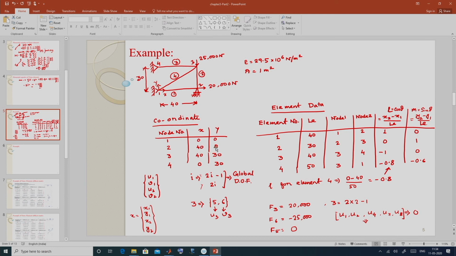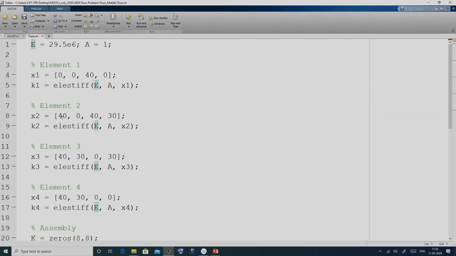So, 40 0 40 30 is our x vector for second element. Only this x vector is changing from element to element, because all the elements have same Young modulus and same area.